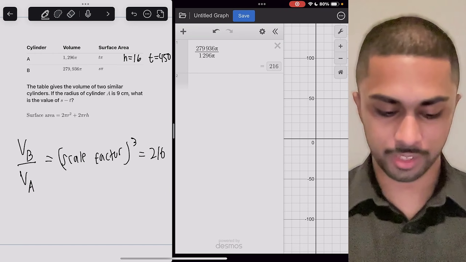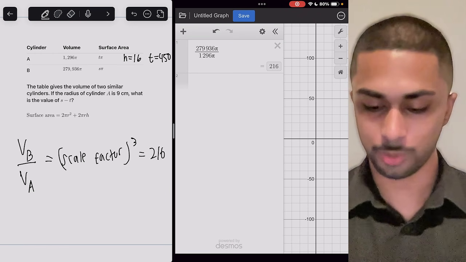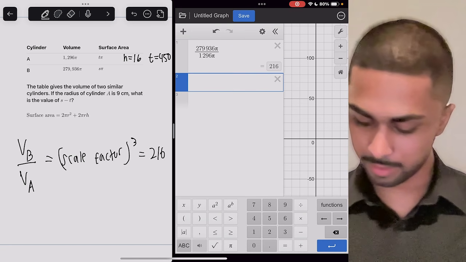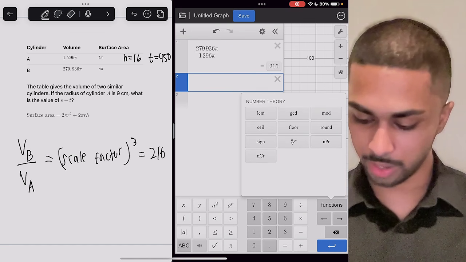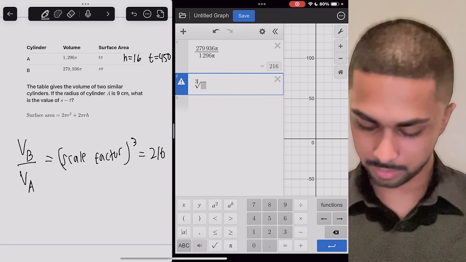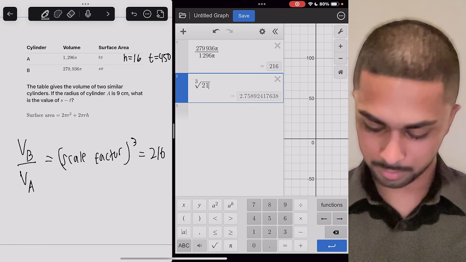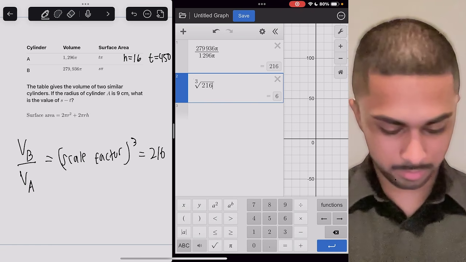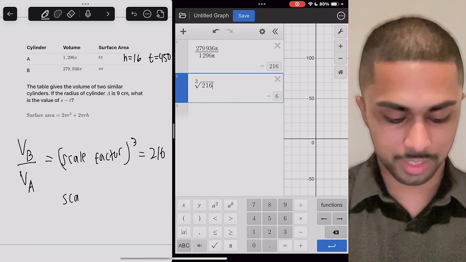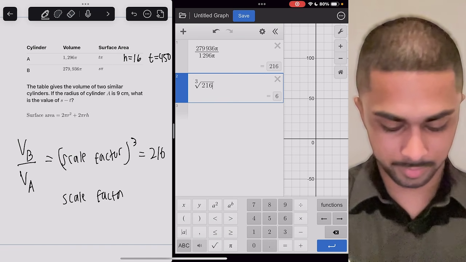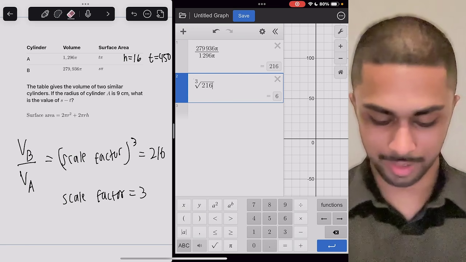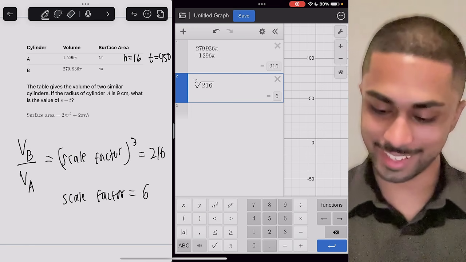So if we want to find the scale factor, we just take the cube root of 216. Just go to functions, scroll all the way down. So now we know that the scale factor is equal to 3. I mean, not 3, 6, because it says it right here.